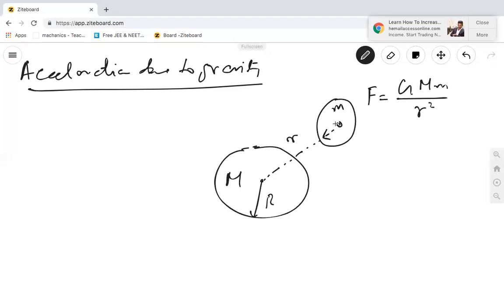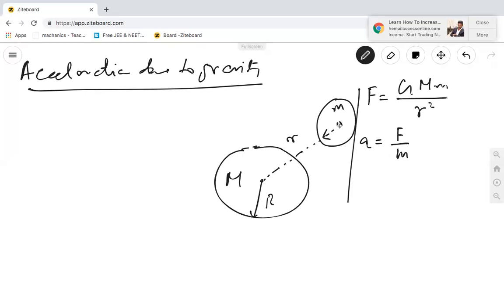Can you tell me what is the acceleration of this little mass? Acceleration equals force all over lowercase m. Force that acts on this mass divided by the mass of the object, not the mass of the Earth. Whosoever gets accelerated, you have to divide by that object's mass.